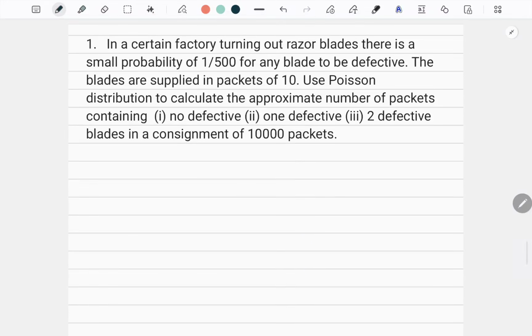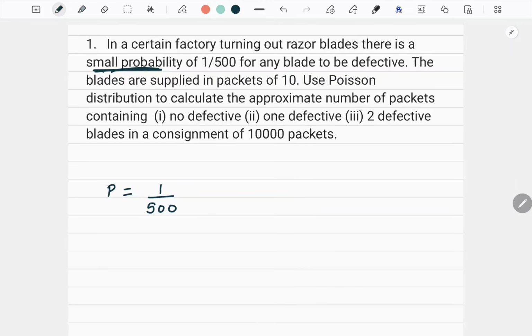See this question. In a certain factory turning out razor blades, there is a small probability. The moment they say small probability, you should understand that this is an indication that it is a Poisson's distribution. So p is equal to 1 by 500. If you observe the formula, I don't need q here.